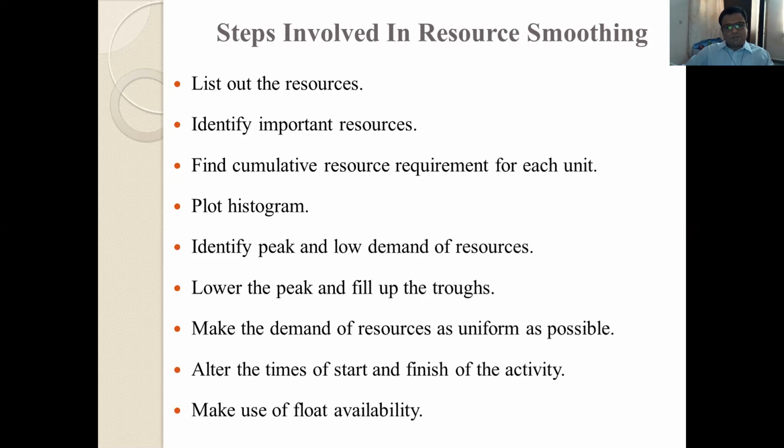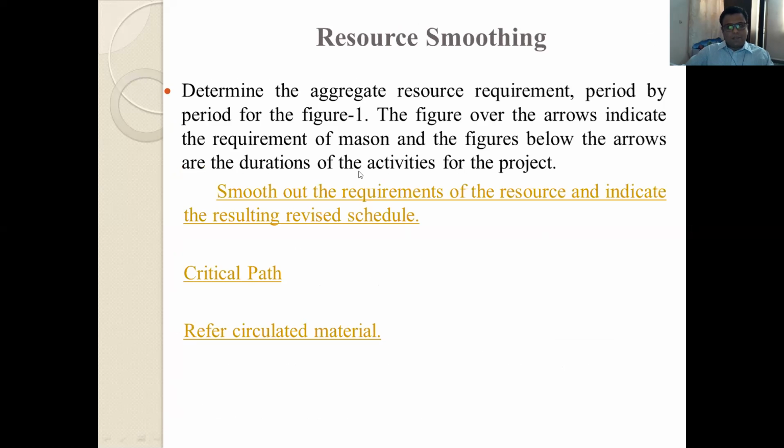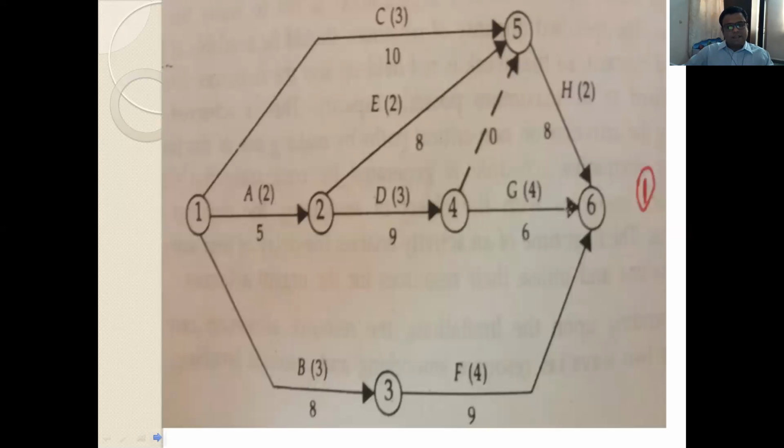Make the demand of resources as uniform as possible. Alter the time of start and finish of the activity. That activity must be a non-critical activity. Make use of float availability. That float is available only for the non-critical activities.